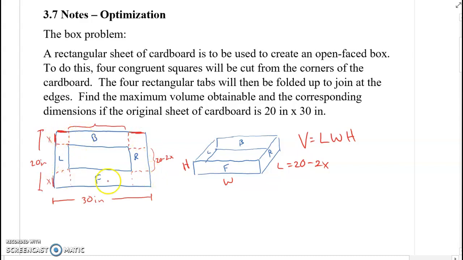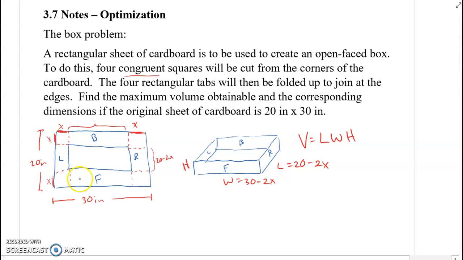Because since each one of these is a square, if this side is x, then this side is x. This side is x, this side is x. All of these squares are the same size for congruent squares. So the width is also going to be the original length, in this case 30. And we're going to subtract 2x from that one as well, which leaves us with the final dimension of height.